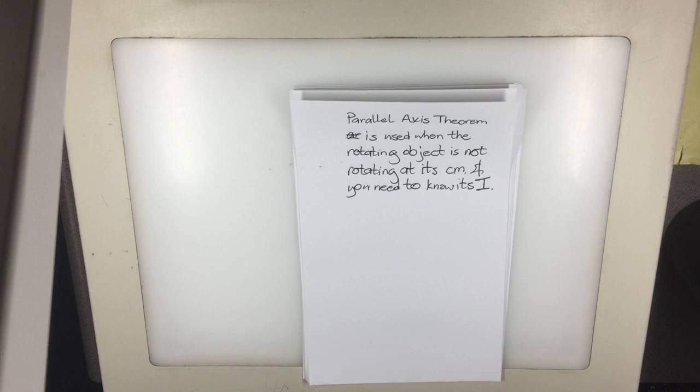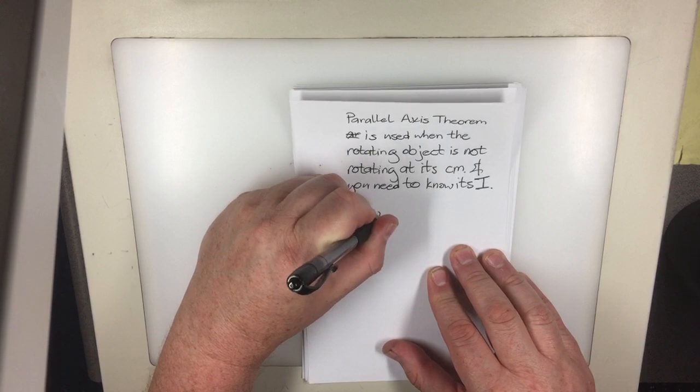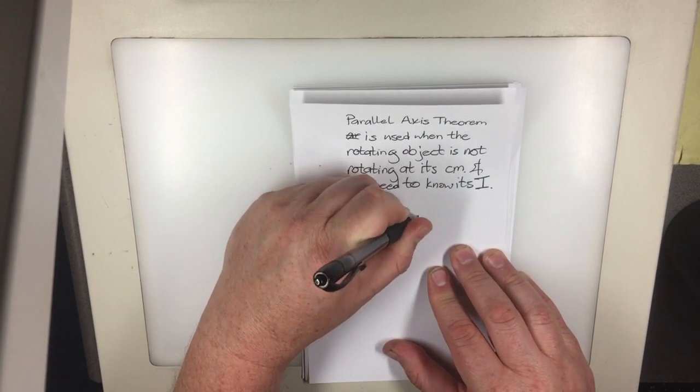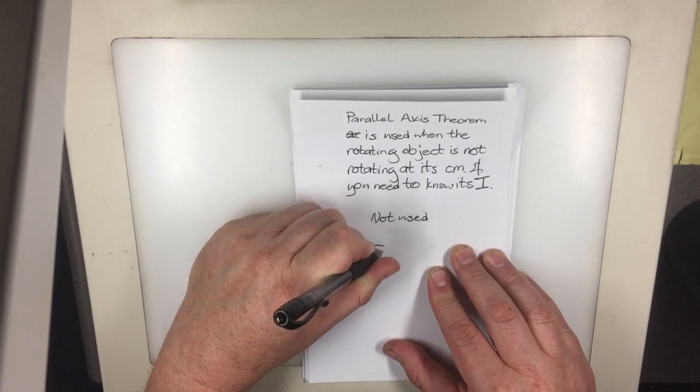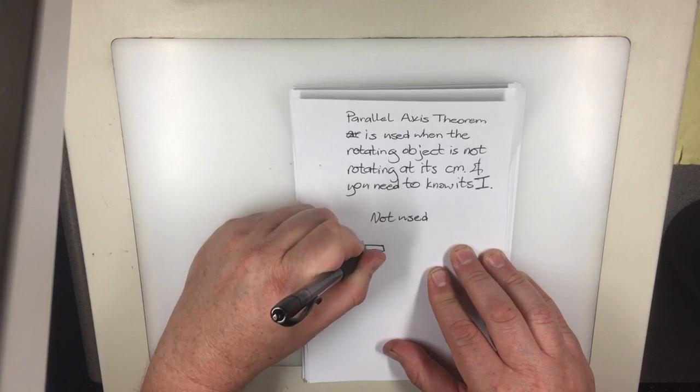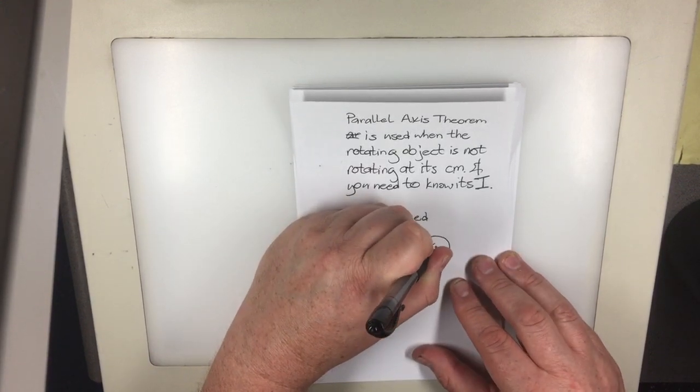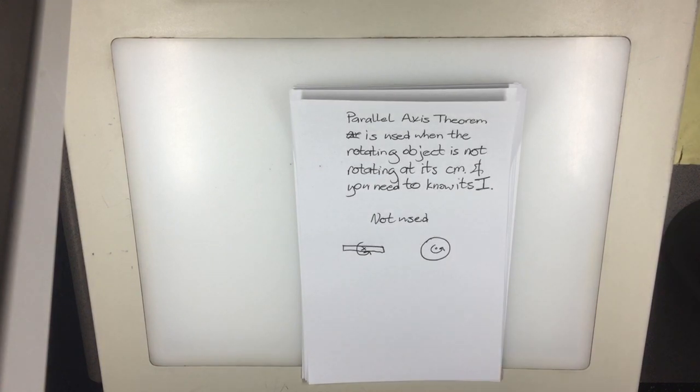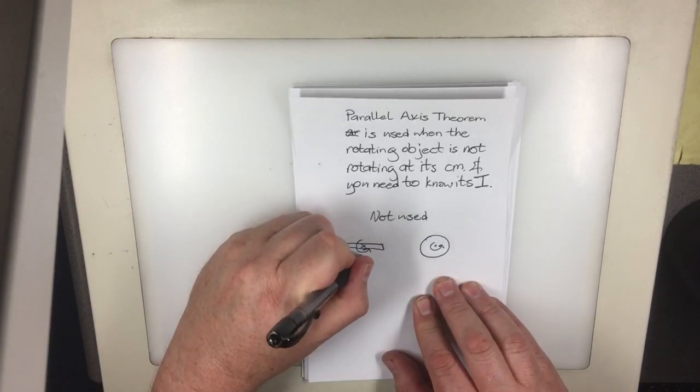So the parallel axis theorem is used in situations where the rotating object is not rotating at its center of mass. All of our centers of mass for all of our objects, the disk, the stick, are going to be at the dead center of the object. So it is not used when the stick or the disk is rotating about its center of mass.